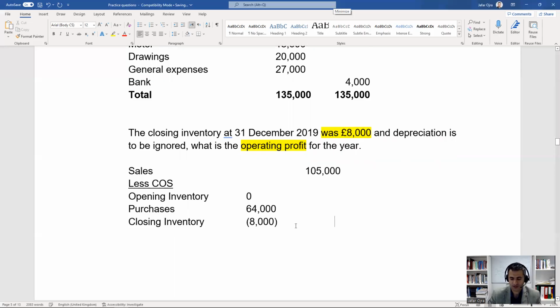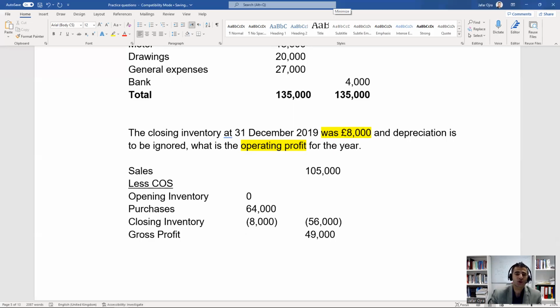So the cost of sales makes how much? 64,000 take away the 8,000 makes 56,000. That's the cost of sales. So the gross profit equals 105,000 minus 56,000, which makes 49,000. That is the gross profit.